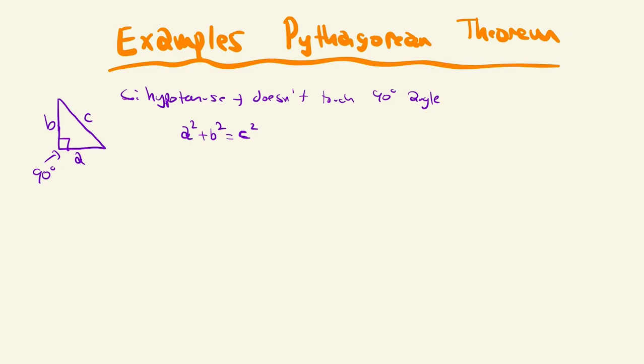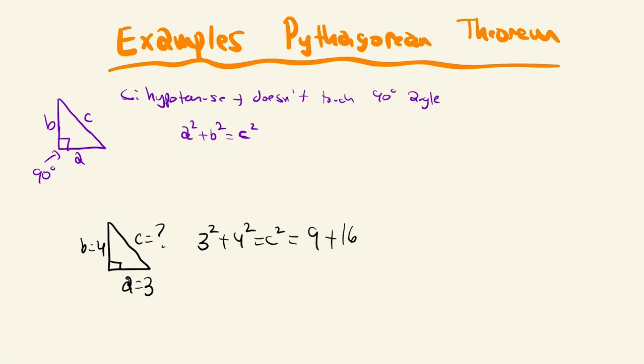So let's do an example here. Let's say I tell you, here's our right triangle. Let's say A is a length of 3, B is a length of 4. Then what is C? Well, you just plug into the equation. 3 squared plus 4 squared is C squared. 3 squared is 9. 4 squared is 16.